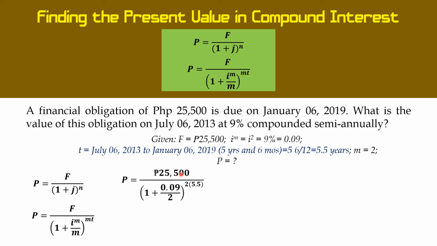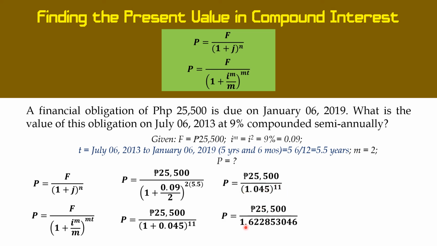So, 25,500 pesos all over 1 plus 0.09 over 2 raised to 2 times 5.5. Then, divide lang natin to, naka-fraction na to, and then multiply natin tong nasa exponent. So, this is 25,500 all over 1 plus 0.045, add natin yung dalawa. Ayan, then 1.045 raised to 11, ito munang uunahin natin, that is equal to 1.622853046.